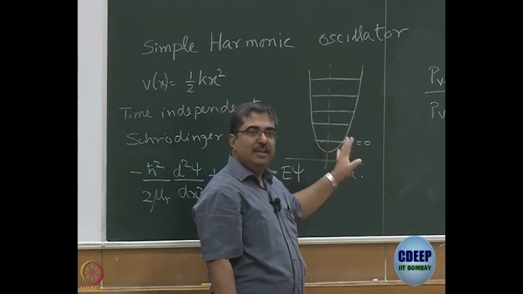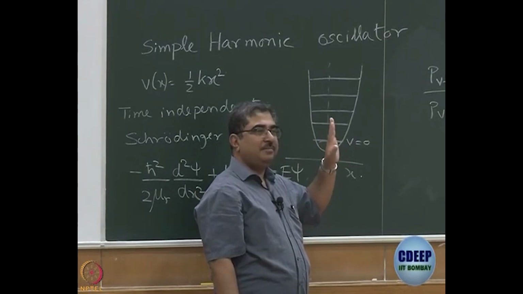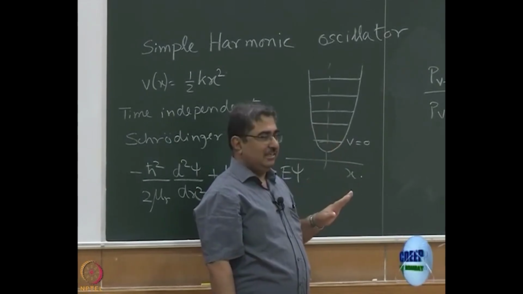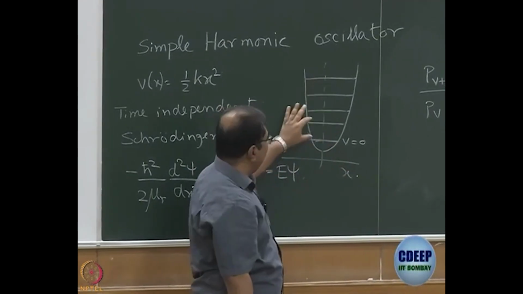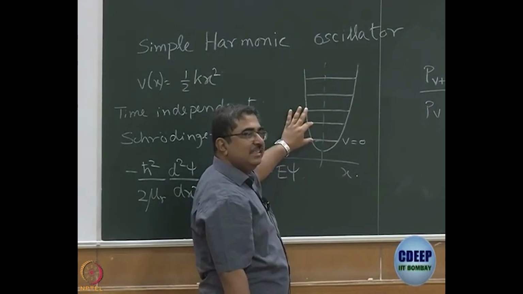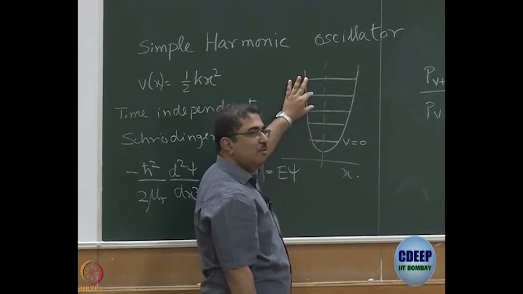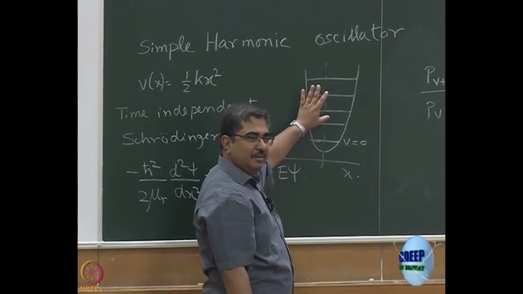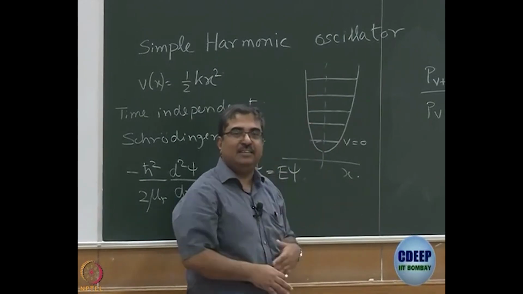Is that point made? This becomes more important when we talk about an anharmonic oscillator, because in anharmonic oscillator the energy gaps are not one and the same. Here, if there is a transition between these two and if there is a transition between these two, would you be able to differentiate? No, right, because energy gaps are all the same. If there is a transition from here to here, of course it will be different, but as we will see that is not allowed.